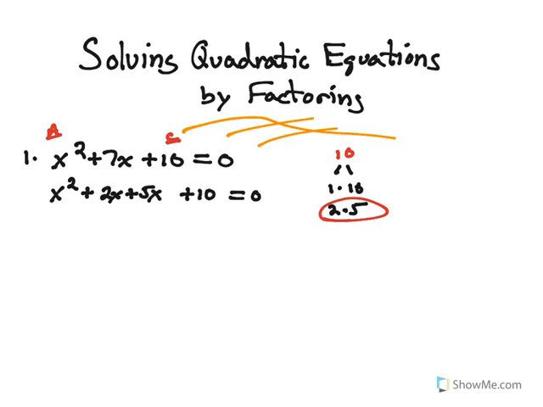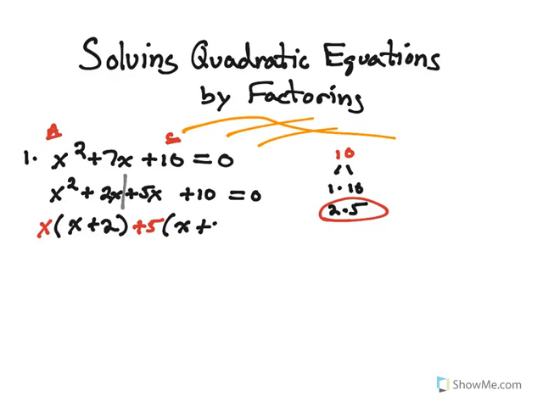Then we're going to do what we call factor by grouping. We take out the GCF on the left side, which is x, and then x plus 2 is left behind. On the right side, it's going to be a plus 5. Let me write it in red. That's the GCF. Because the leading coefficient of the 5x is plus, the plus 5 needs to be factored out.